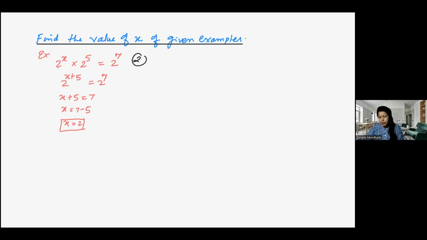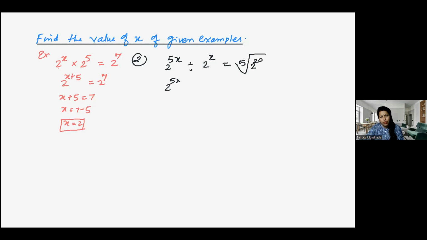Next question. Suppose the question is 2 raised to power 5x divided by 2 raised to power x is equal to the fifth root of 2 raised to power 20. So 2 raised to power 5x. Division, base is same, power is different.